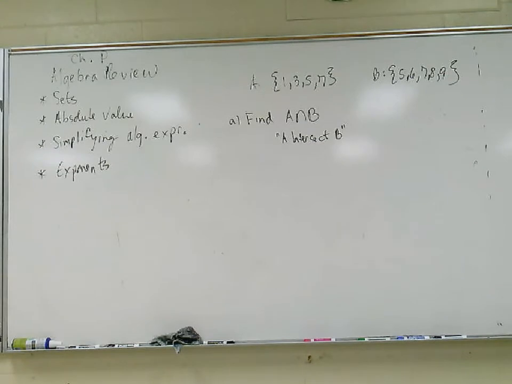It's looking for what elements are in A and also in B. They have to be in both sets. So what element is contained in set A and is also contained in set B?